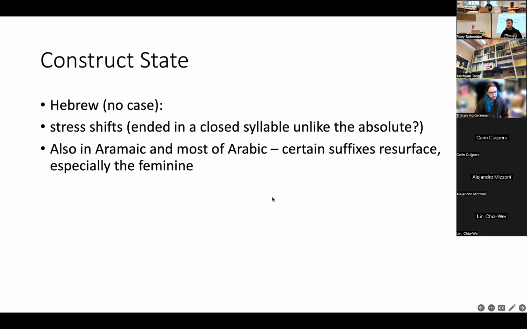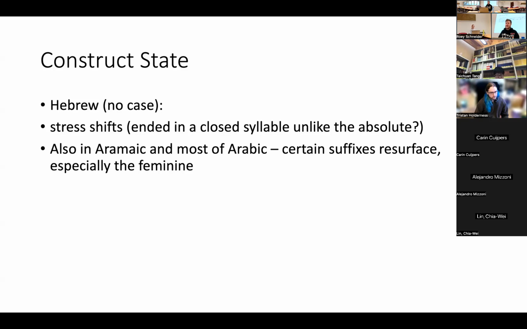So for example, yeled, yalda. But if I want to say the girl of the village, it would be yaldat hakfar, with the at resurfacing. Same thing in Arabic. Madrasa, school, madrasat al-ulum, school of sciences.